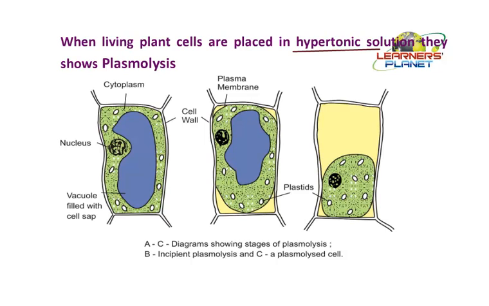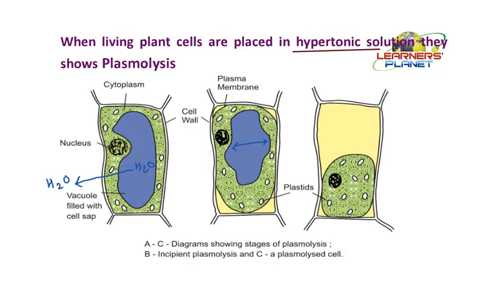So the water will start moving out. The cell sap will start decreasing when it is placed in the hypertonic condition. So water from inside tends to move towards outside. As this happens, the vacuole and the diameter of this inner cellular material will start decreasing.